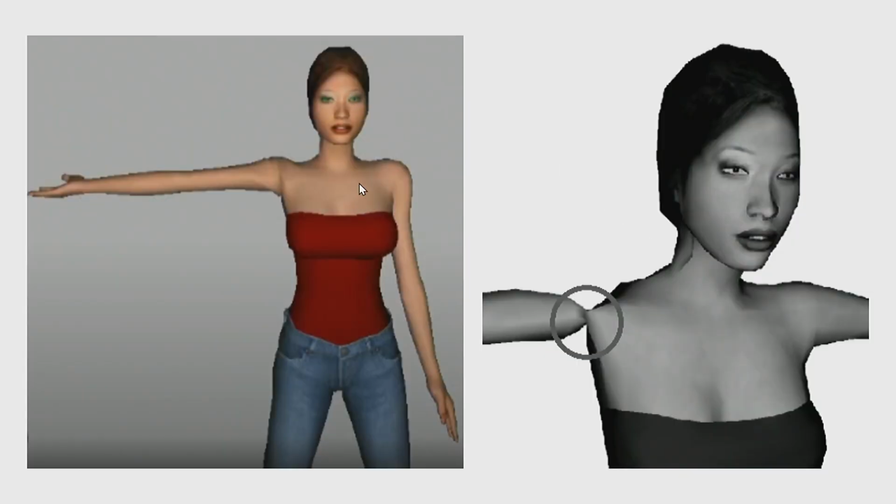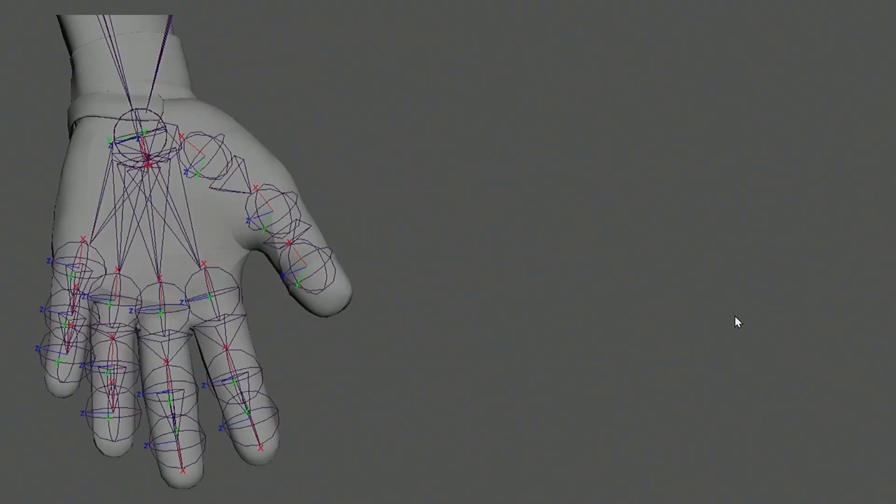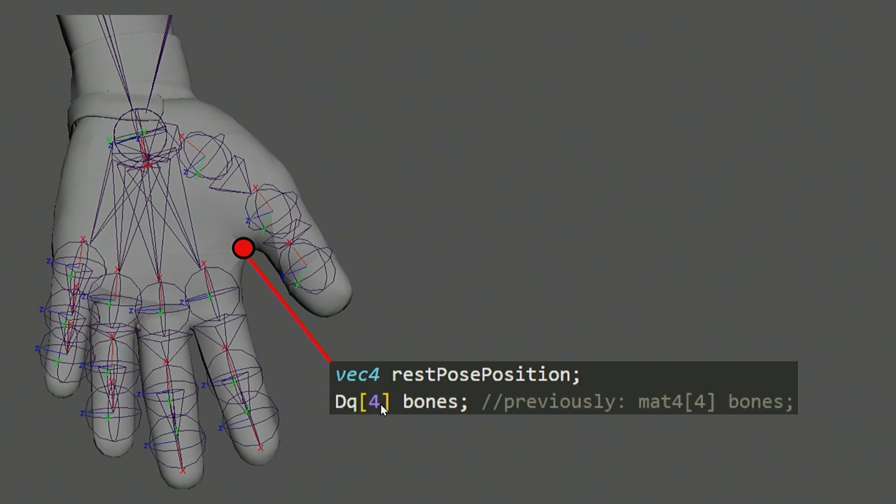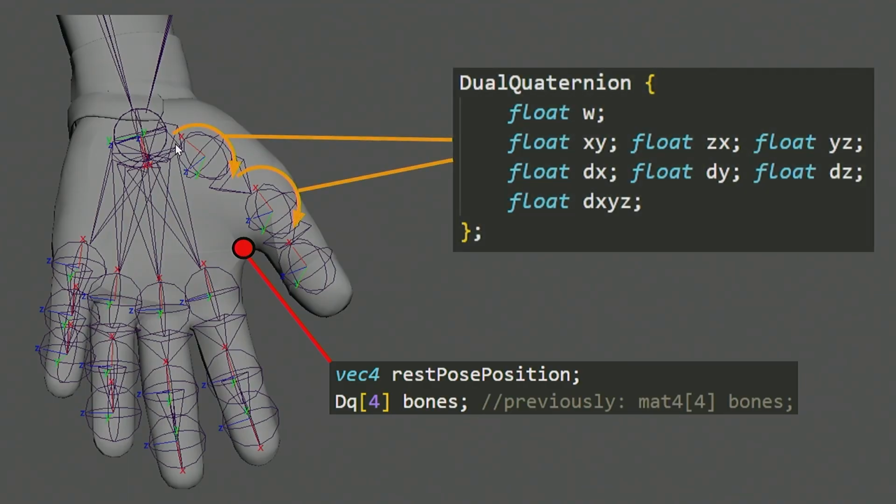We wanted to solve this problem. We want something like this. We don't want something like this, the candy wrapper problem. The way that we deal with meshes is we've got these bones inside them. We've also got vertices. For every vertex, we have a position for the vertex. We've got the bones that it's affected by. We might have the bones stored as 4x4 matrices, but I put to you that it's better off having them as dual quaternions.